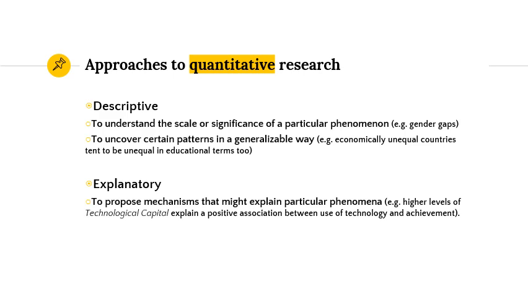It's not the same using a tablet a lot to play Fortnite as using a tablet a lot to do mathematics exercises or to read ebooks. And if there's an adult in the house controlling how this technology is being used and making sure that the benefits of technology are maximized, of course, this could be an explanation for the positive relationship between the use of technology and achievement. And we can test this, and much quantitative research is based on this kind of idea.